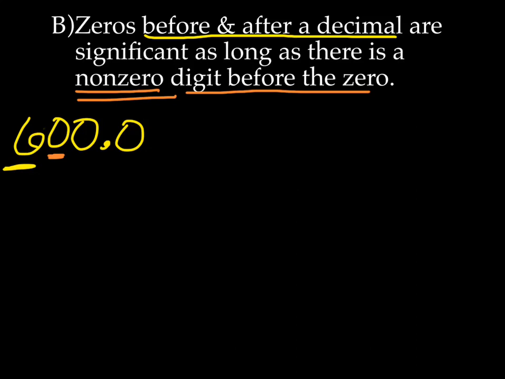Yes. And is there a non-zero digit before the 0? Yes. That 0 is significant, as is this one. How about the third one here? It's after a decimal, and there is a non-zero digit somewhere before the 0, so it is also significant. So in total, this number has 4 sig figs.